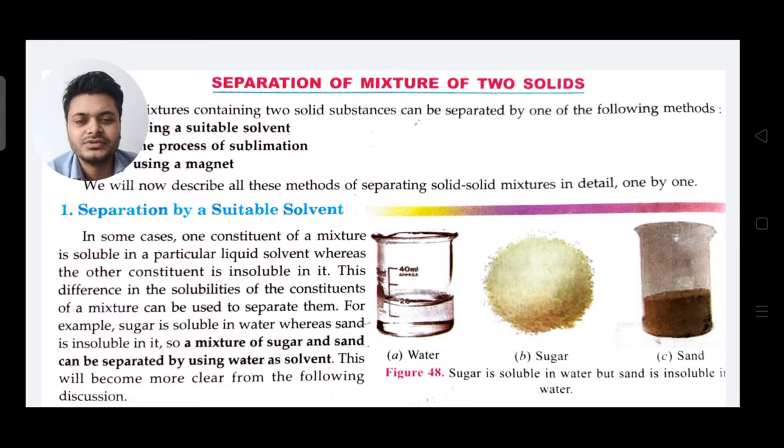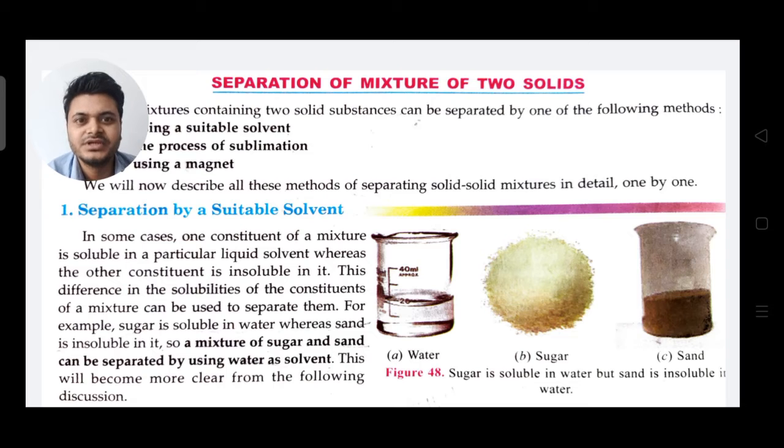In some cases one constituent of a mixture is soluble in a particular liquid, whereas the other constituents are insoluble. That means sugar is soluble in water but sand is insoluble in water. This difference in solubilities of the constituents of a mixture can be used to separate them.